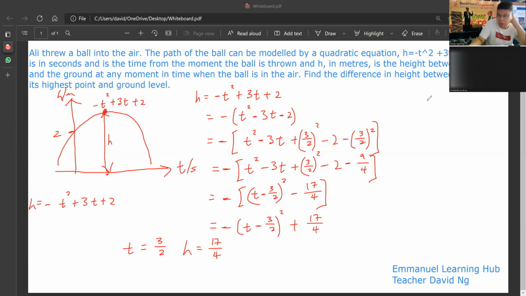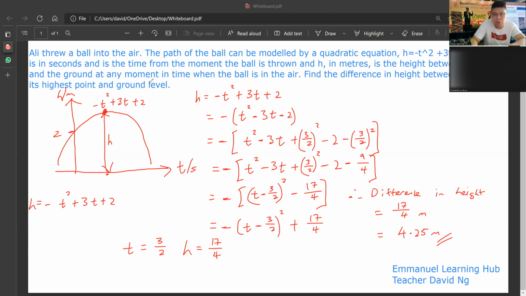So the difference in height between the ball and the ground level is 17/4 meter, which is 4.25 meter.